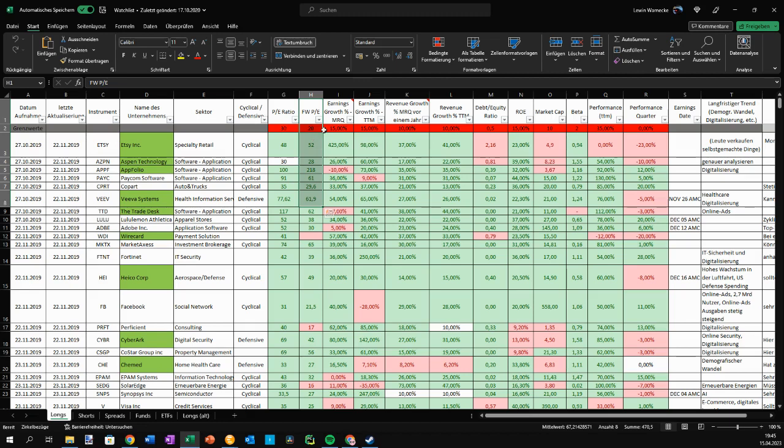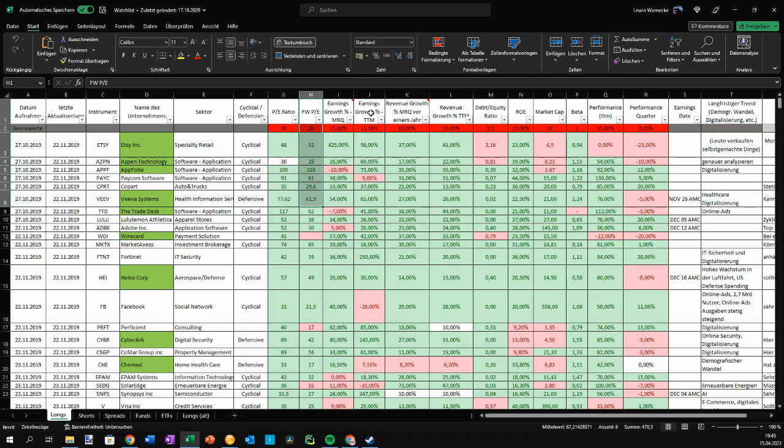The next thing is the earnings growth from the most recent quarter. This means MRQ. This is just the recent quarter in comparison to the quarter before that. And it should be above 15%.